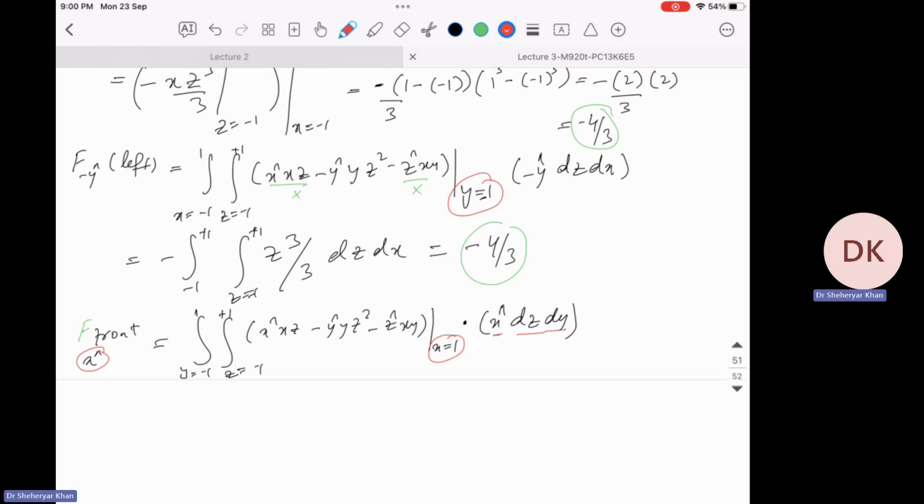Okay. So when you choose x, you choose yz. When you choose minus x, you choose x is equal to minus 1. Okay. So you see x dot x is 1, and rest of them will become 0.